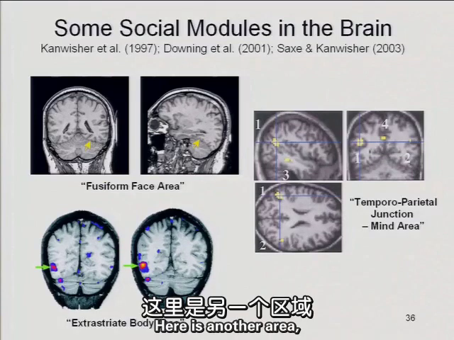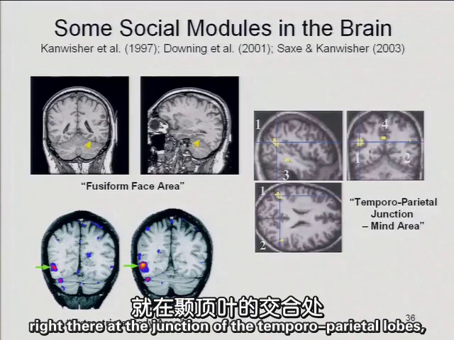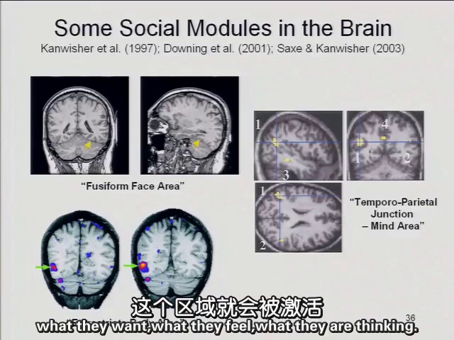Here is another area, what she calls the temporal parietal junction mind area, right there at the junction of the parietal and temporal lobes, that seems to be activated when people make inferences about other people's mental states, what they want, what they feel, what they're thinking.